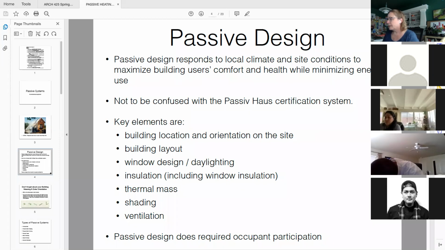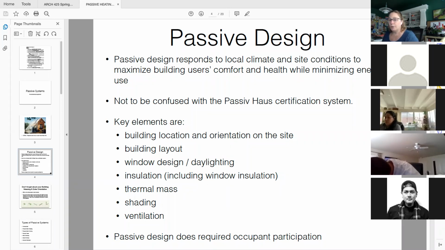It's really important to remember, and this is really key, and I want you guys to remember this, is that passive design is not the same thing as passive house certification. Passive House is a certification program that started in Germany. It's a philosophy on building a really strong design envelope to minimize your heating losses.